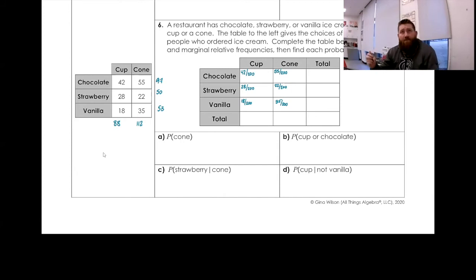Add them up, make sure that we get both columns and rows give me 200, and it does.